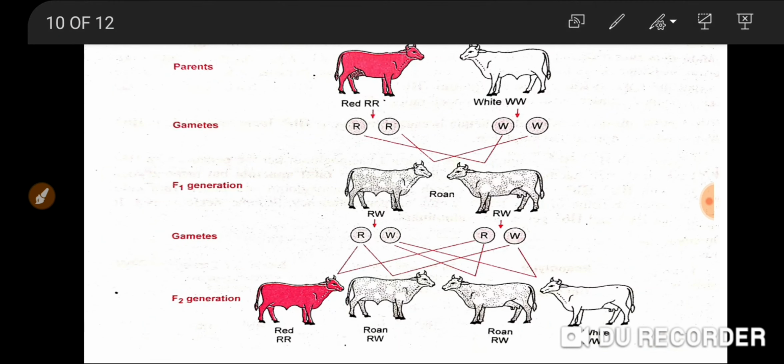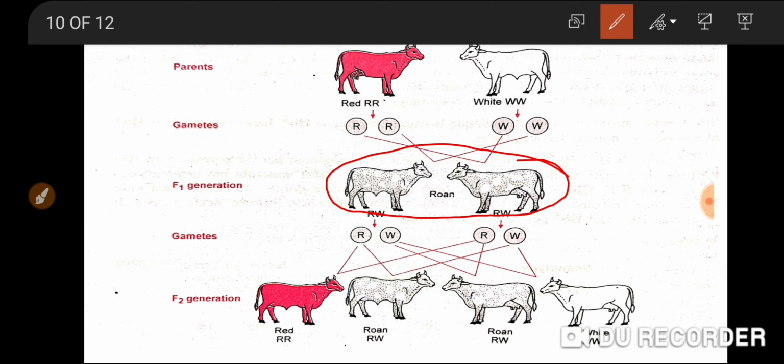You can see in this diagram that when the red color cattle is crossed with the white color cattle, as we know, the red color cattle are denoted by the capital R alleles, and the white color cattle are denoted by the capital W. The two types of gametes will be capital R and capital W. In the F1 generation, you will get the roan color cattle, neither red nor white.